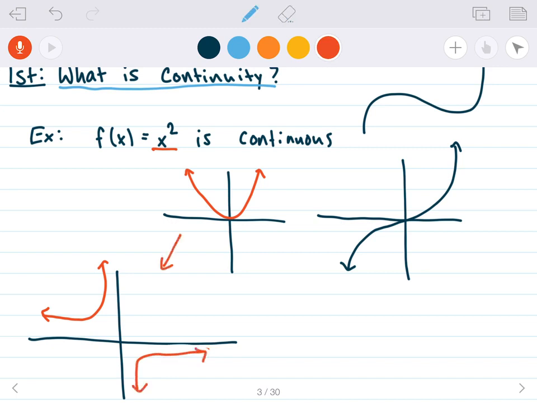This would be an example of a function that's not continuous because when we're finished drawing the left curve, we have to pick up our pencil to draw this curve on the right. So this would be an example of a function that's not continuous.